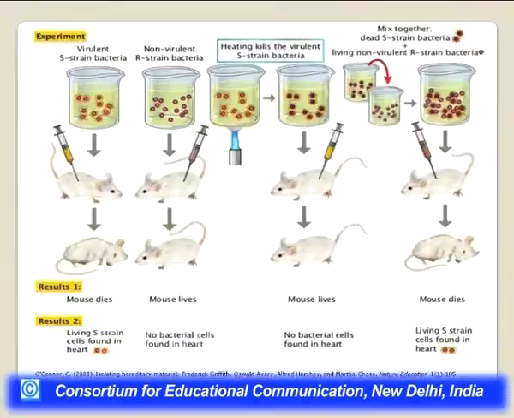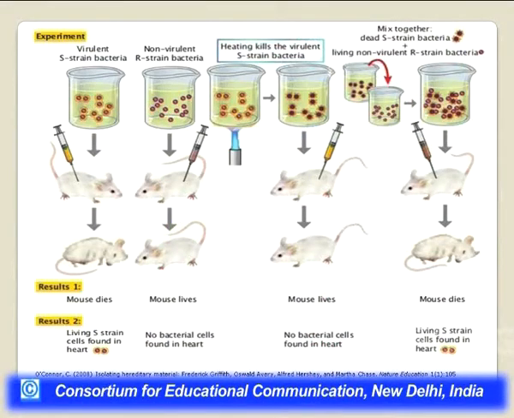In another experiment, what he did was he mixed the two strains. He mixed the R strain and the dead S strain bacteria and then injected it into the mice, and that was the most surprising result. The result was that the mouse died, and living S strain cells could be found in the heart.